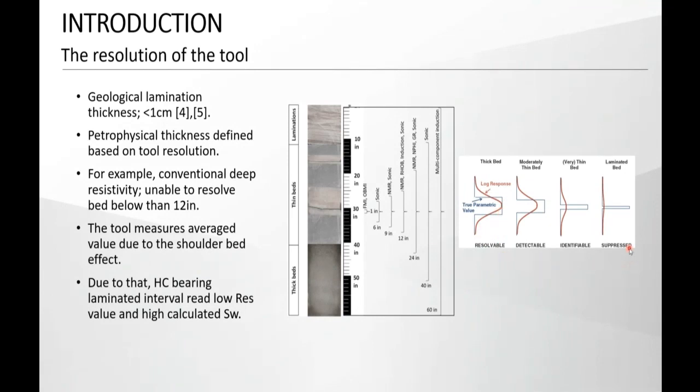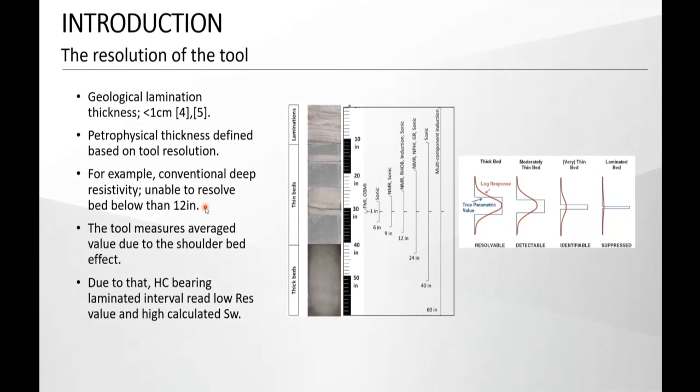If the tool has a very low vertical resolution, this is what is going to happen. The true value is supposed to be at this point, but the measured log has been averaged, been suppressed. This is what happens to our conventional resistivity when the sediment thickness is below the tool resolution.